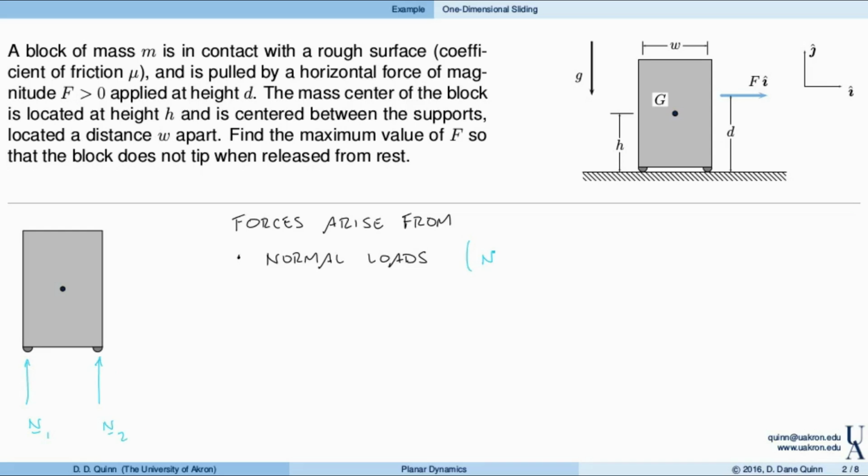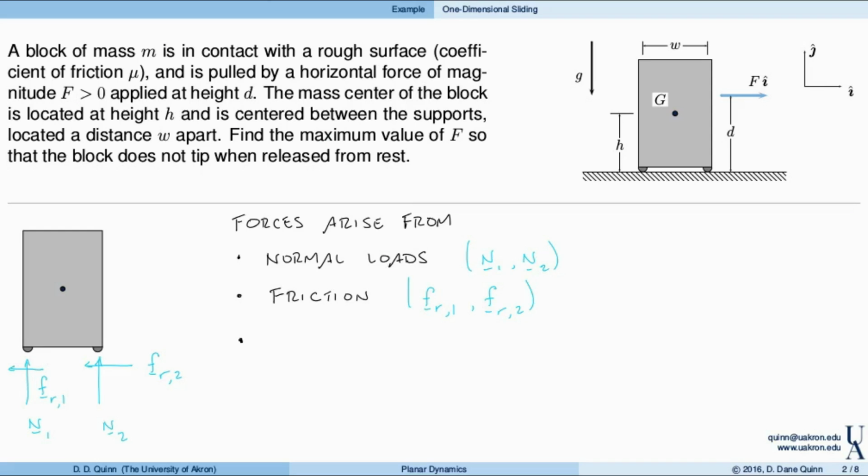So again, these normal forces are N1 and N2. Then certainly there are forces due to friction that exist at both of the supports. So we'll say that this force is friction F2, and here we have friction 1. So again, we have FR1 and FR2.